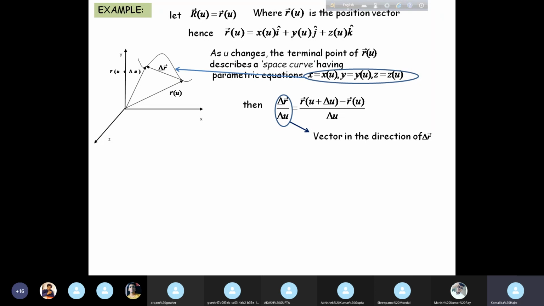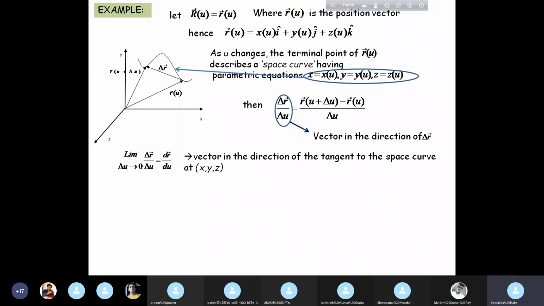You must have done this in your applied mathematics class. What is the direction of dr du if delta u tends to 0? The direction is that of the tangent to the space curve at the position x, y, z. So as you can see, this is the direction.